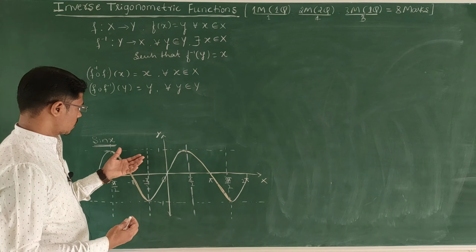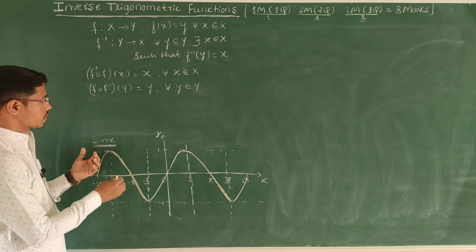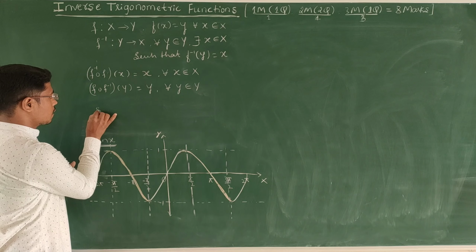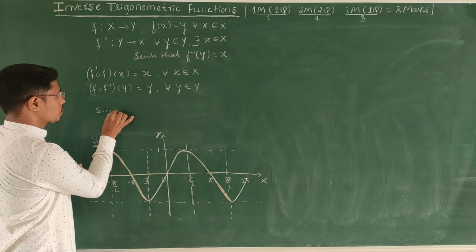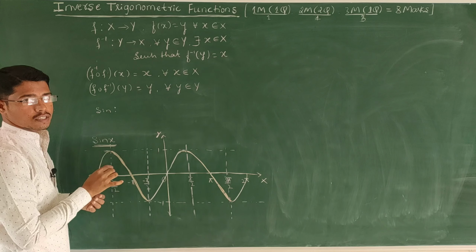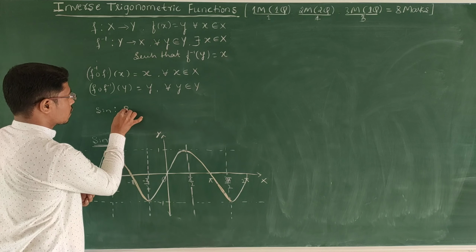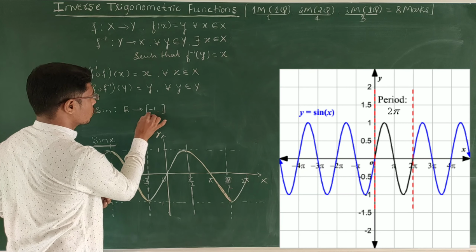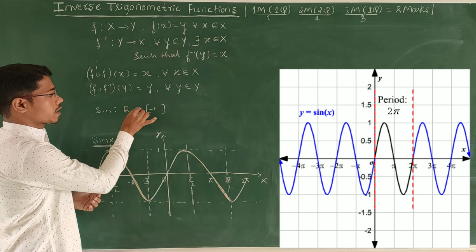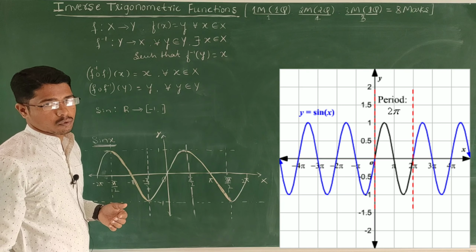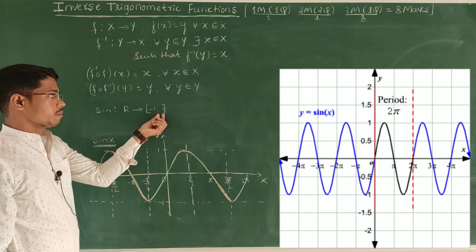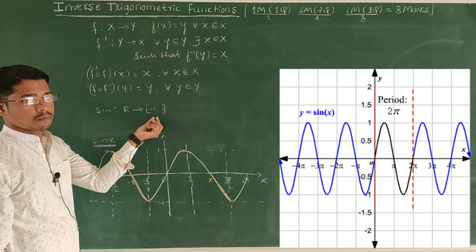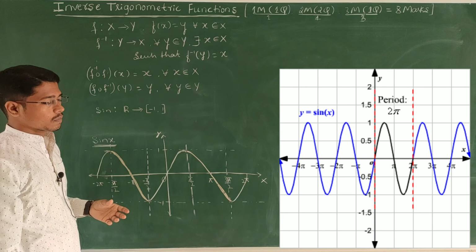See, this is a sine function. The sine function is defined from the set of real numbers to minus 1 comma 1, with domain R and range minus 1 comma 1. The maximum value of the sine function is 1 and the minimum value is minus 1.